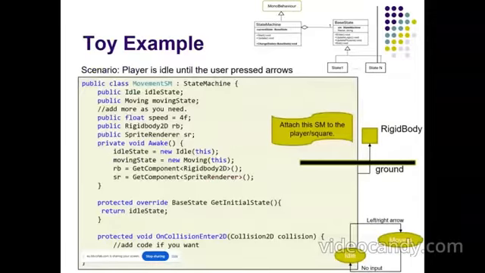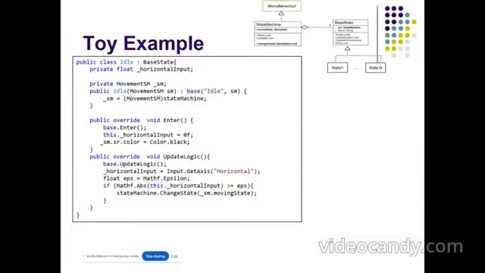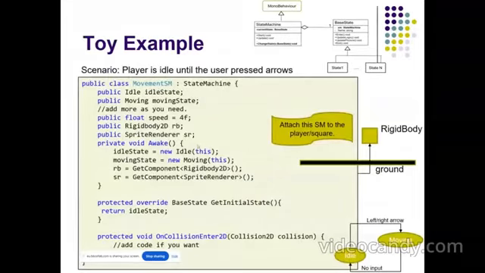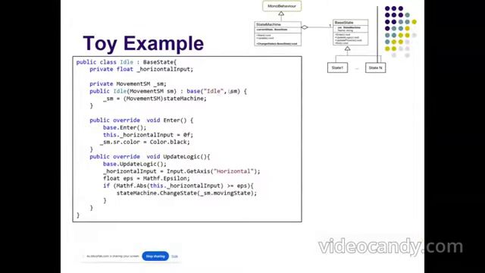We know that there's a state machine here, movement state SM. So when you create the idle state, you pass this, which is the movement SM. So here you will set them up, and here you will have access to the state machine as a variable.